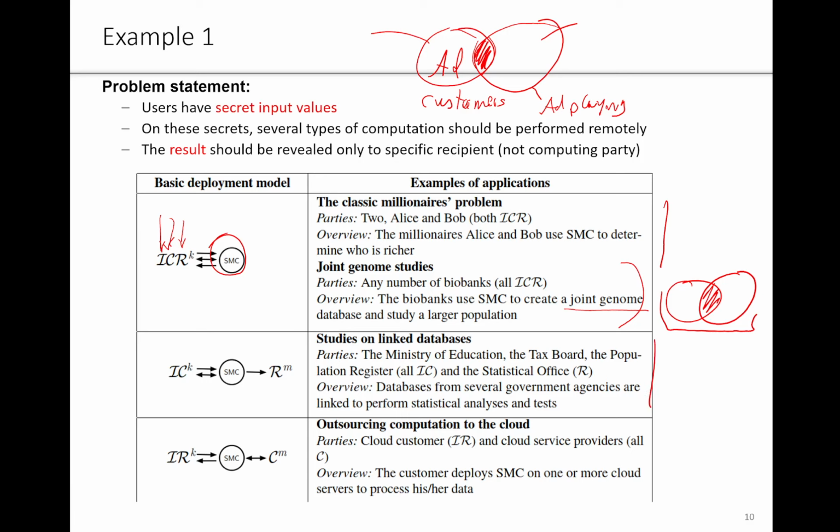What is also very common is that there are companies who are both data providers and supporting the calculation, but the result should be revealed to some third party, especially not to them. So the companies have some kind of database on employment, on how many people they have, what kind of numbers, how many taxes they paid, something very critical.